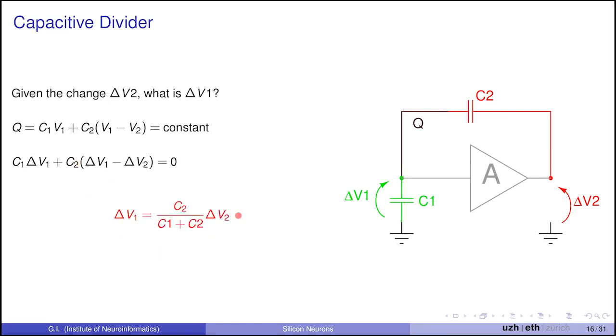So this is a classical capacitive divider ratio. And the height of this jump really depends only on these two capacitances and on delta V2. Delta V2, we know it's VDD. So the height of this jump is really VDD times this ratio.